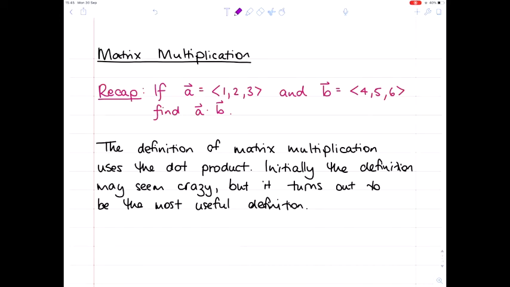So you should recall that in order to find the dot product A dot B, this is going to be a single number, and it's going to be 1 times 4, so the product of the first entries, plus the product of the second entries, plus the product of the third entries.